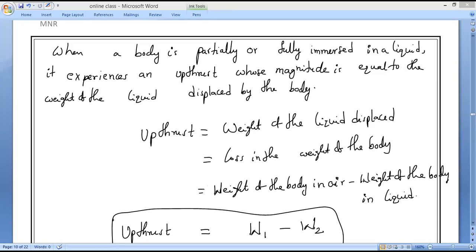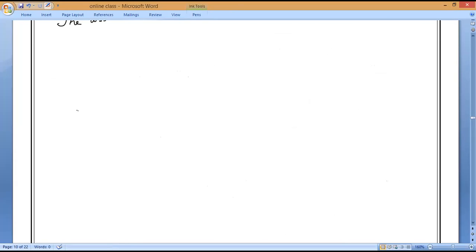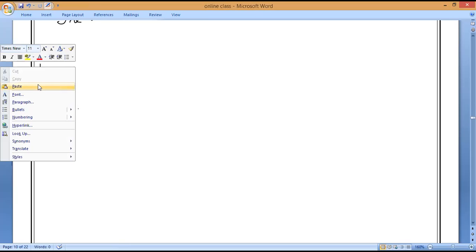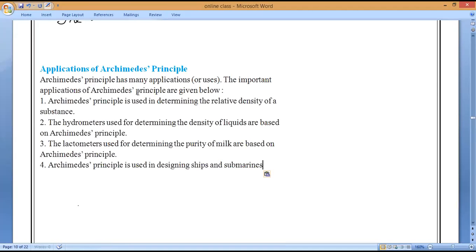Now we have applications of Archimedes principle. It is a very important concept. Many times they will ask you about these applications, which are there in our textbook also, but the textbook is not point-wise. So remember these 4 applications, which are necessary to learn.